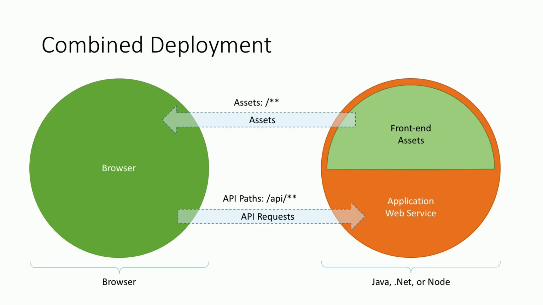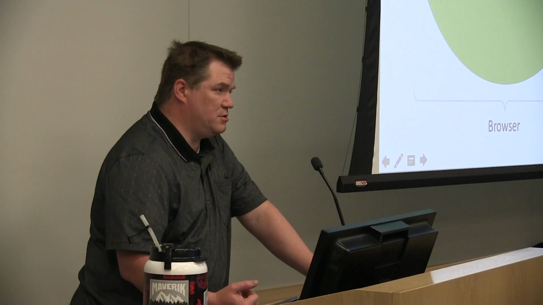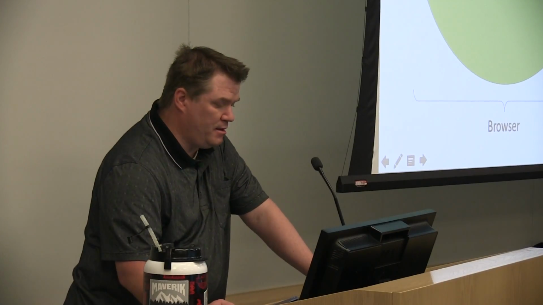The other is where the builds are still separate, but during the build process, the ALM process, for example, would copy those front-end assets into the back-end artifact. So anyway, that's how it happens, and then it gets deployed as a single process. And in that case, you have the front-end assets living as just a resource within the back-end application.